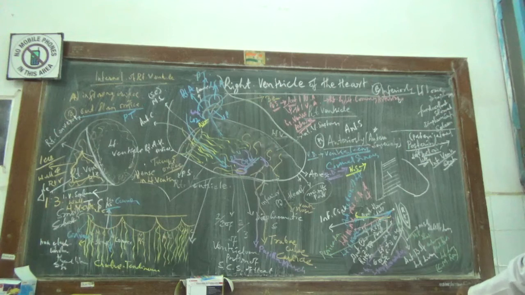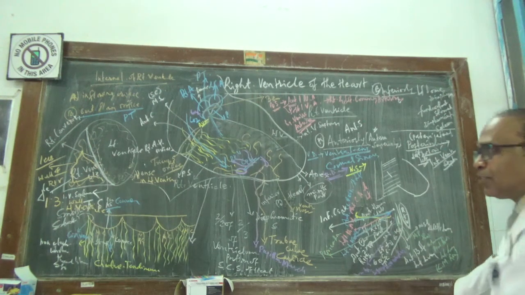So there will be a reverse thing, SA node and AV node. At the time of the ventricular contraction, atrial diastole is there, and at the time of the atrial contractions, ventricular diastole will be there.